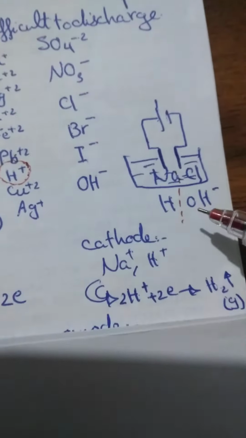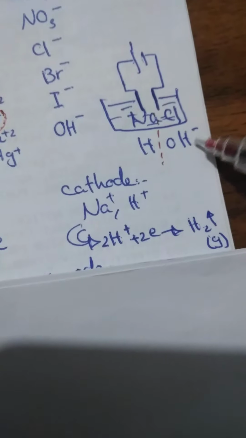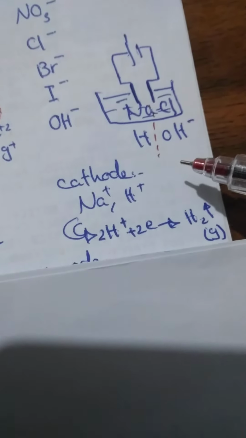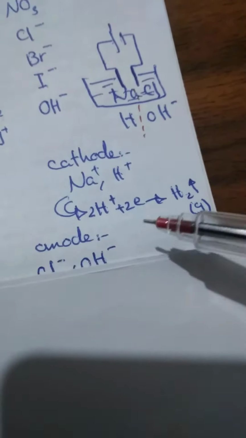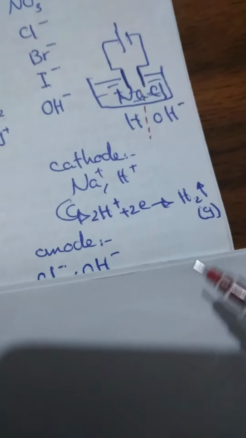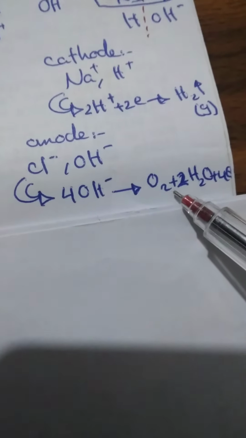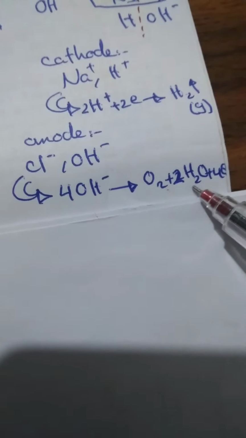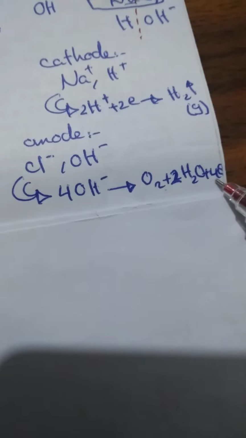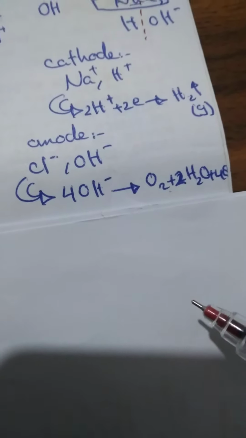We have a dilute solution, which means hydroxide ions are in excess. So hydroxide ions will be discharged in preference to chloride ions, where 4 hydroxide ions will form 1 molecule of oxygen and 2 molecules of water, releasing 4 electrons.